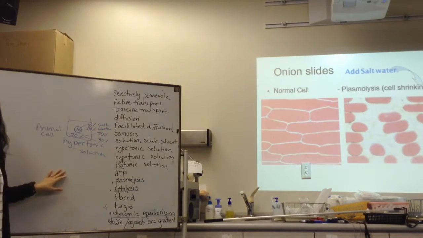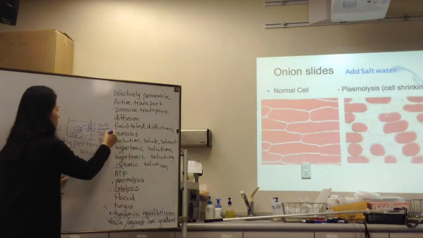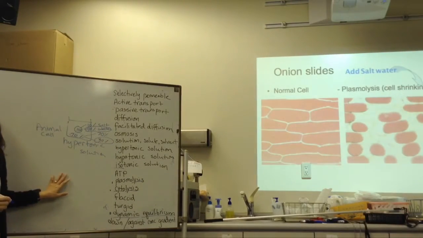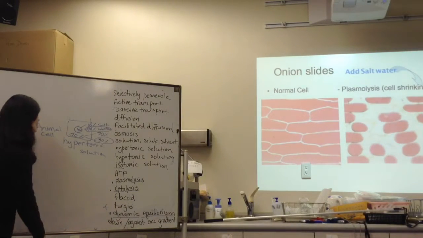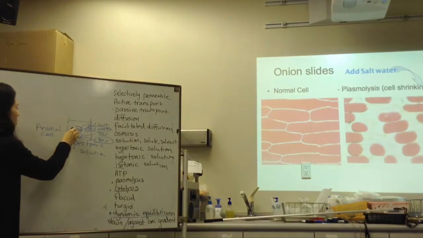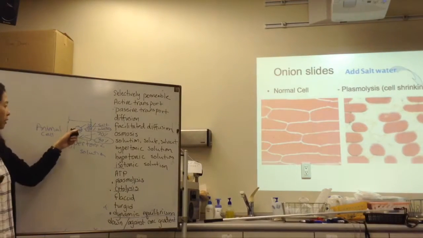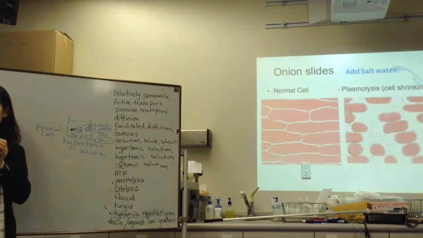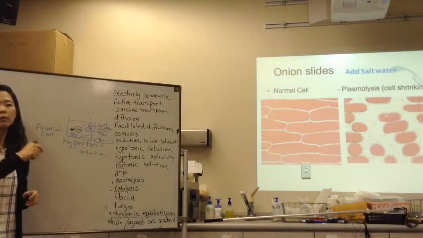Water diffuses from high to low. High to low, right? Water diffuses from a high concentrated area to a low concentrated area. If water leaves, the cell shrinks. So you have to think which side has more water than which side.